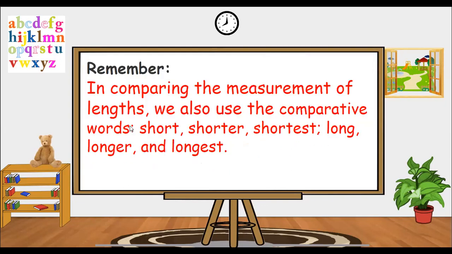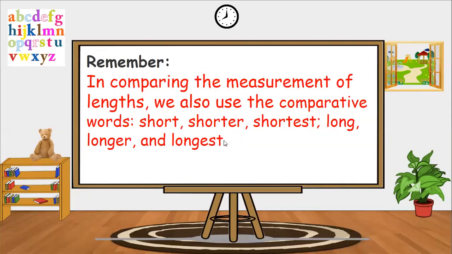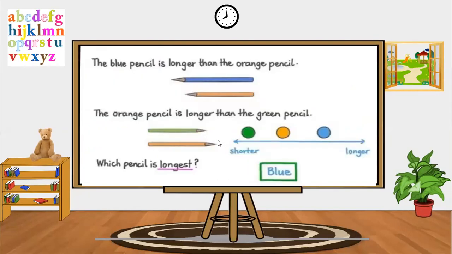Now let's remember this one. In comparing the measurement of the lengths, we also use the comparative words short, shorter, and shortest, long, longer, and longest. Okay, so here are more examples about comparing the objects.